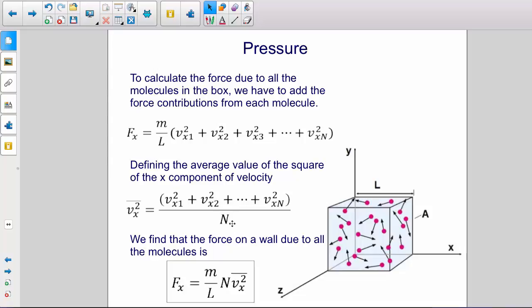We can rearrange this so that the sum of the N particles' squared velocities is just N times the average of the square of the x components of velocity. That gives us a simplified form for the force: F sub x equals m divided by L times the number of particles times the average square of the x component of velocity.